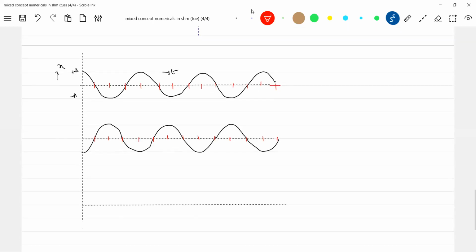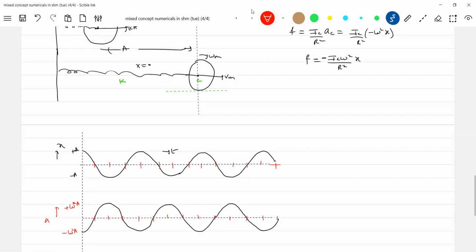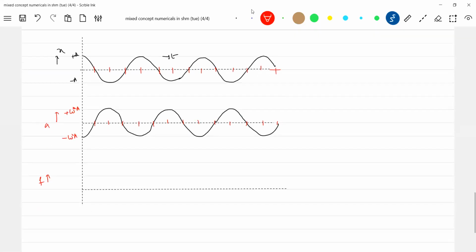What about the friction? This is the acceleration we are plotting, so minus omega square A. I'm interested in the friction. Friction will vary similar to the acceleration only, so we have a similar curve. The friction curve is going to vary like that.